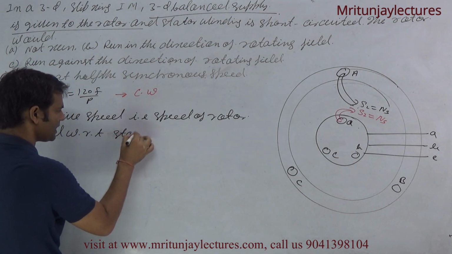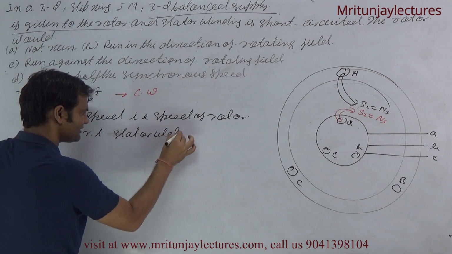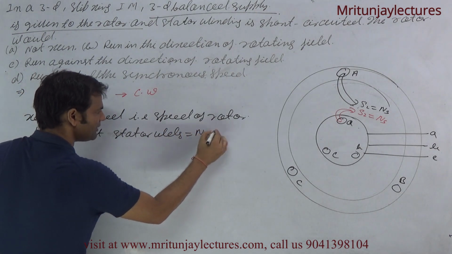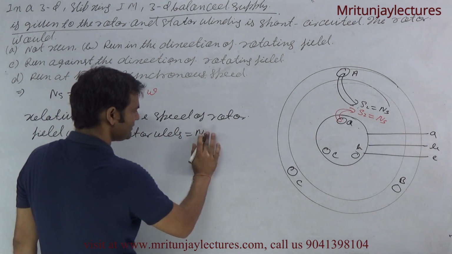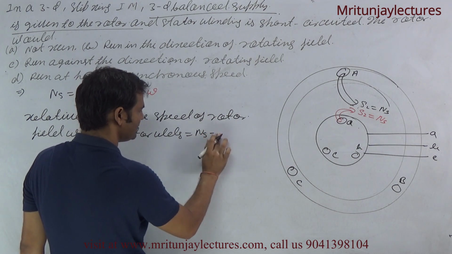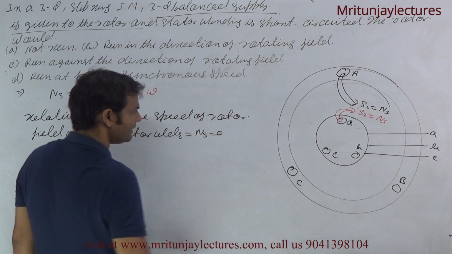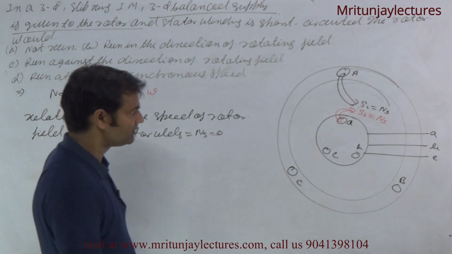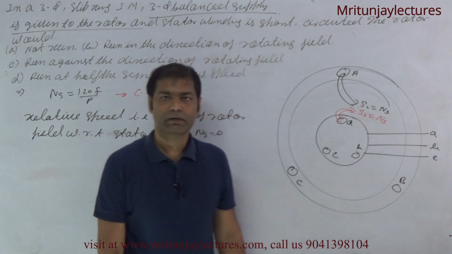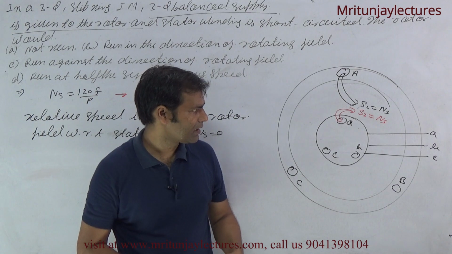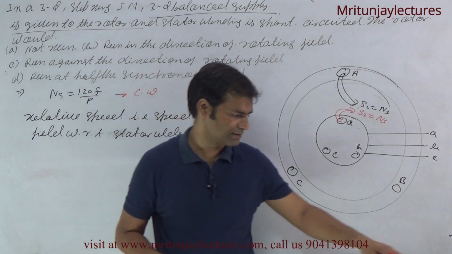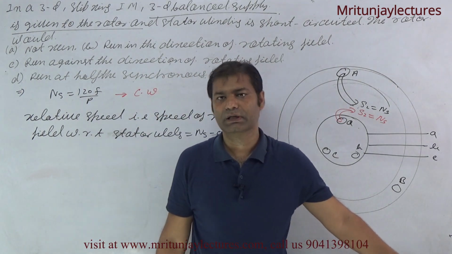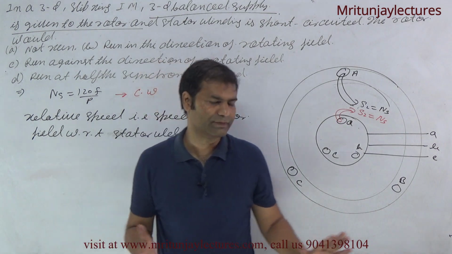Clear? At starting, NS minus NR is 0, so relative motion between the stator and the rotor field is NS. Clear? Now relative speed occurs between the stator winding and rotor field.